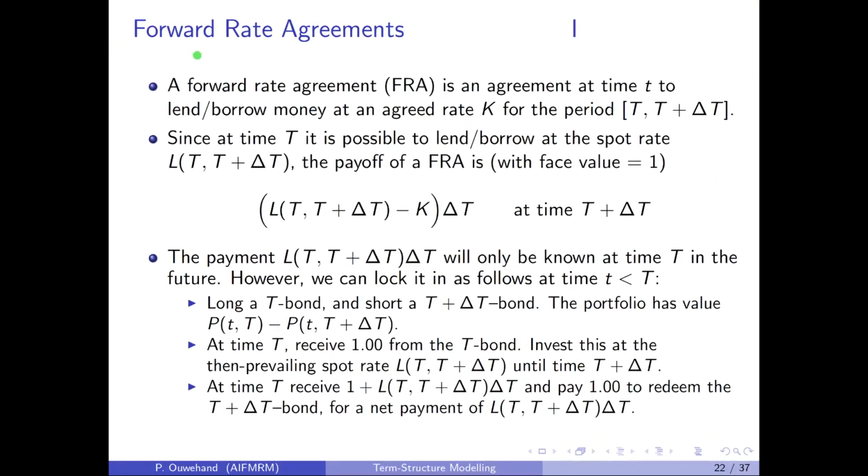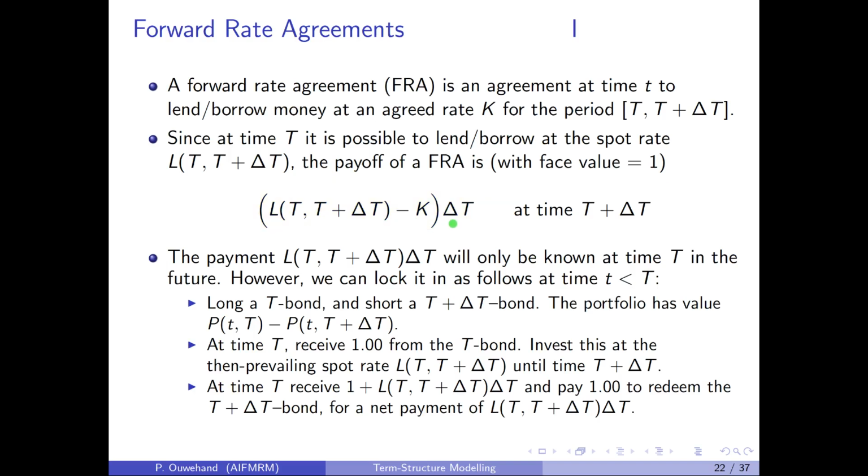Let's now consider forward rate agreements. A forward rate agreement, or FRA, is an agreement at time little t to lend or borrow money at an agreed rate capital K for the future period from T to T plus delta t. Now, at time capital T, it is possible to lend or borrow at the then prevailing spot rate, L(T, T plus delta t), and so the payoff of the FRA is simply the spot rate minus the contract rate K multiplied by delta t.